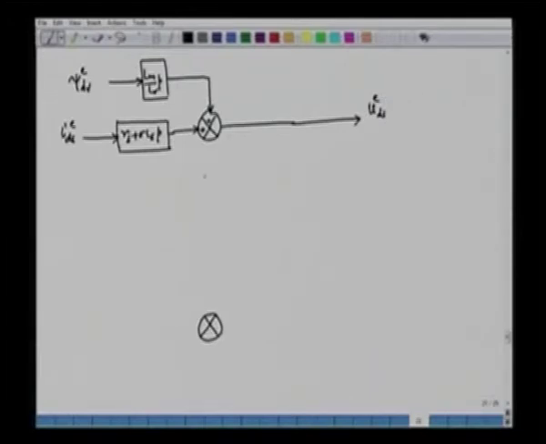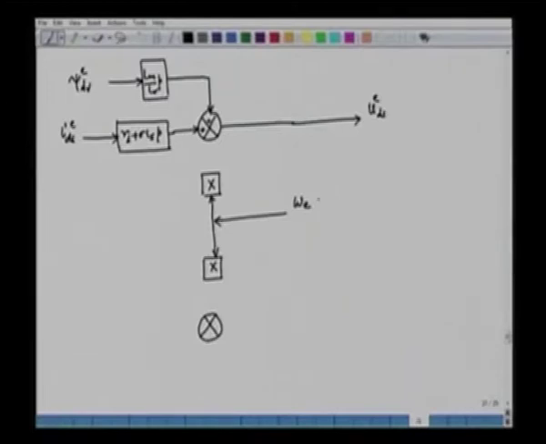And we have some multipliers also here. We have another multiplier here, and what we are feeding in the multiplier, one of the variables is omega e.